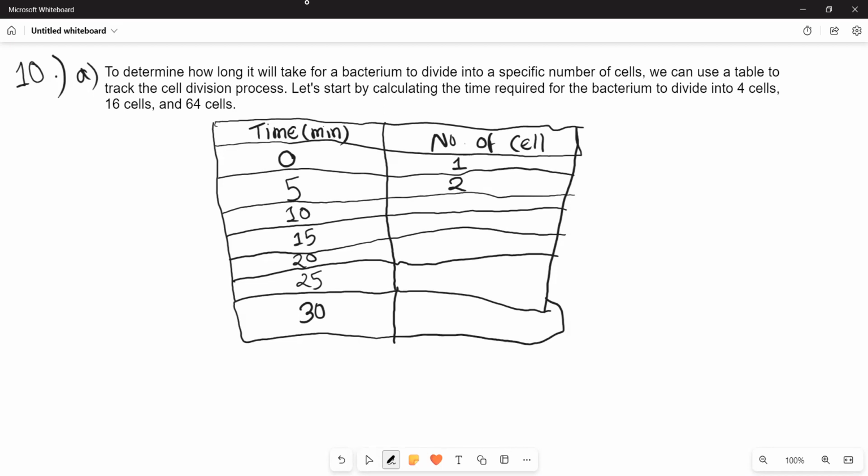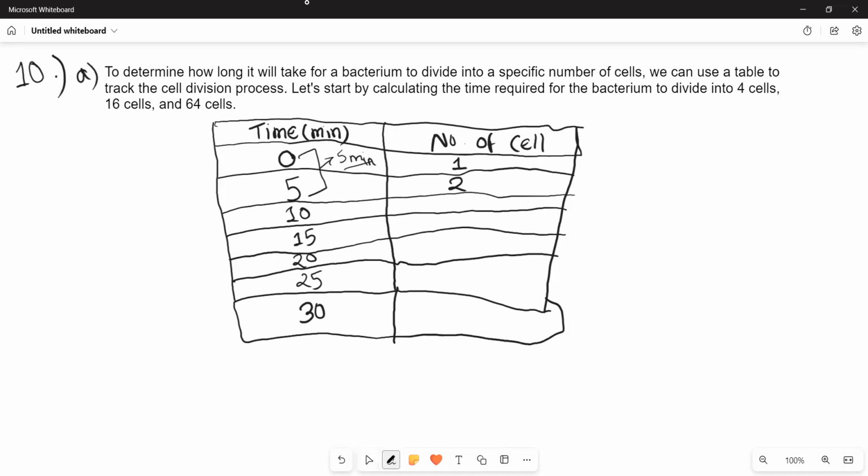So between 0 and 5, what is the time duration? 5 minutes, correct? Between this and this, the duration is 5 minutes, and between this and this, also 5 minutes. So between each time interval there's a gap of 5 minutes, correct?